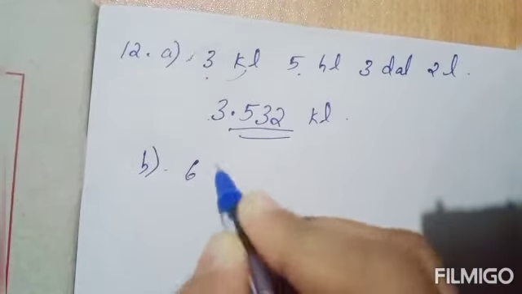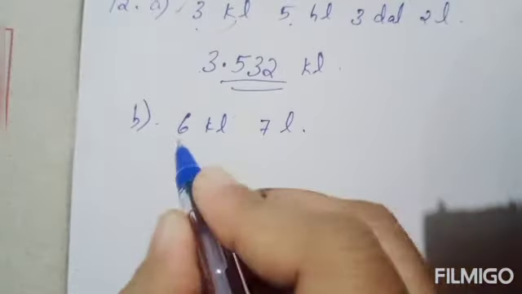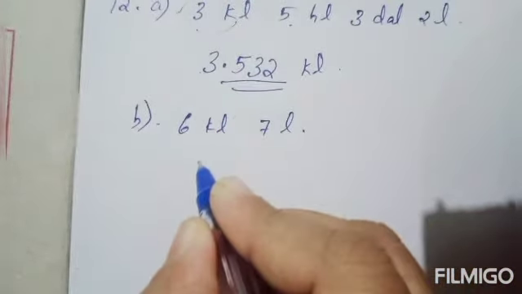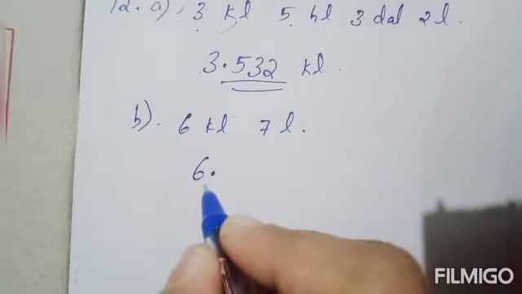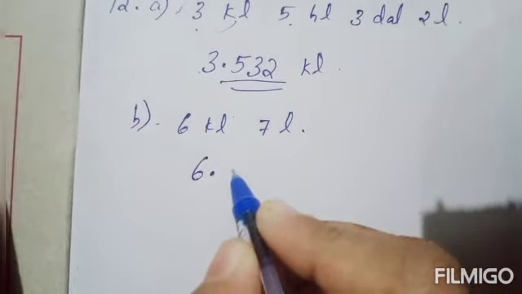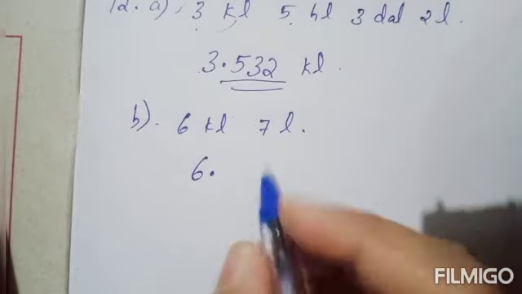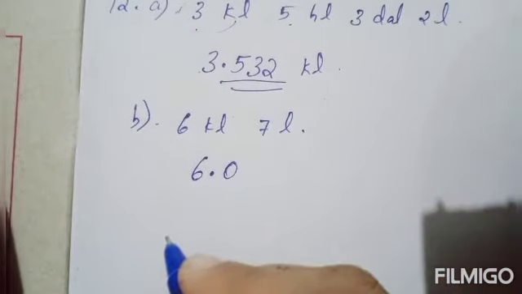Next B, 6 kiloliter, 7 liter. The kiloliter will be before the decimal point, so you can write 6 point. After that, the 10th place is hectoliter. In the question it is not given. Hectoliter is not there, so you can put 0.